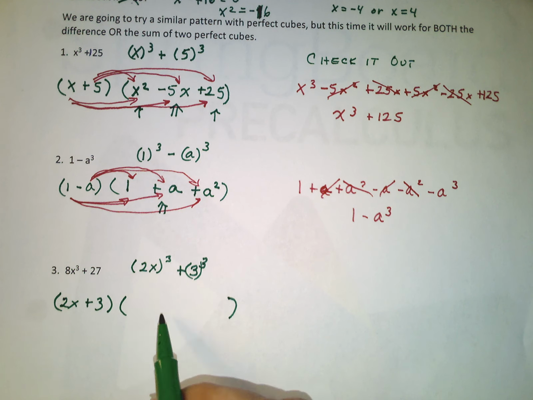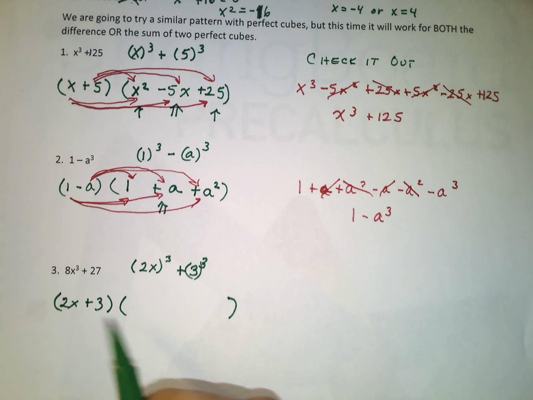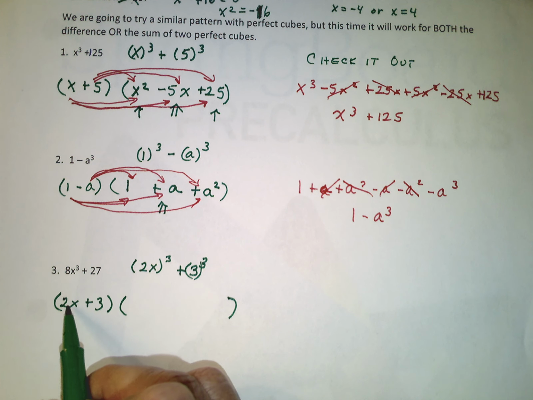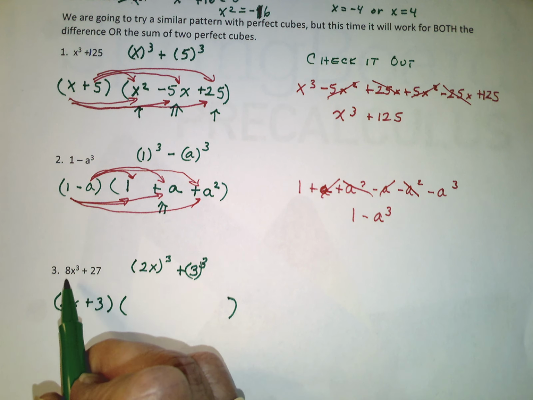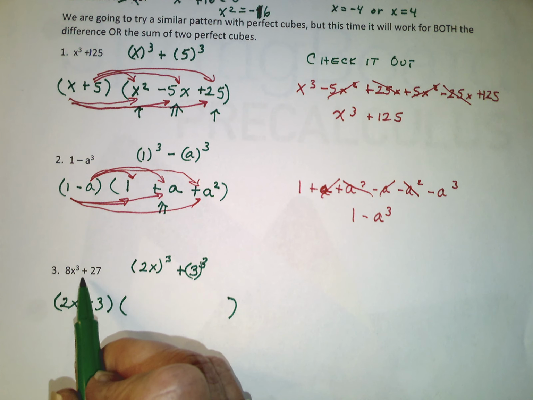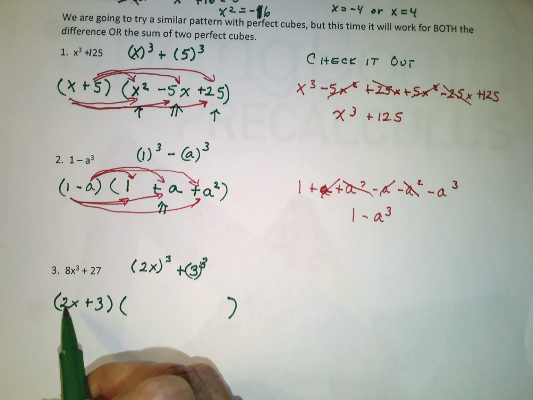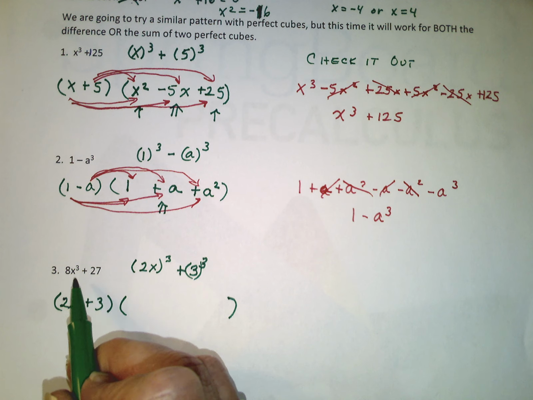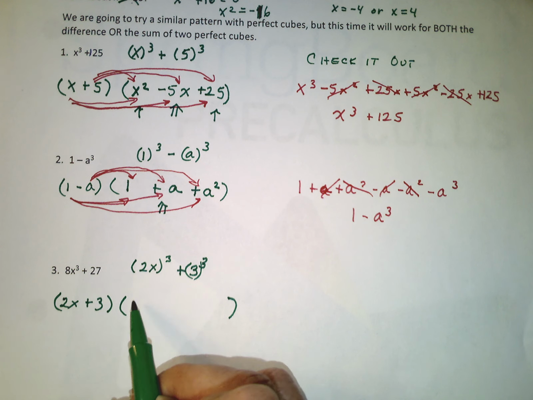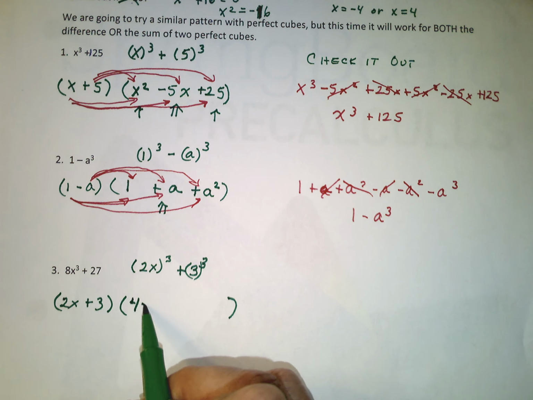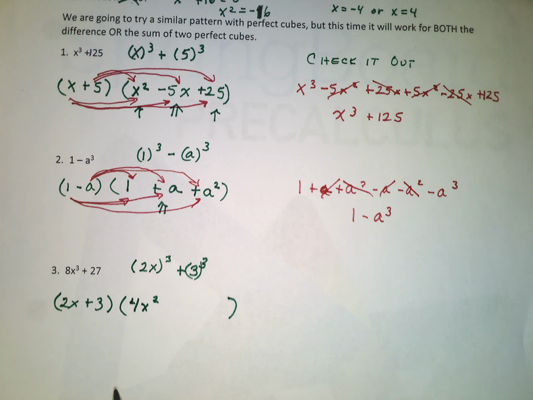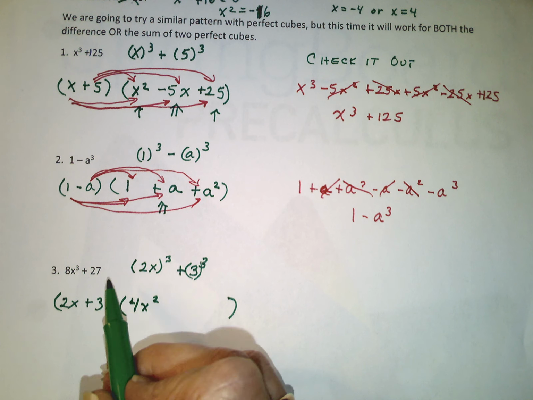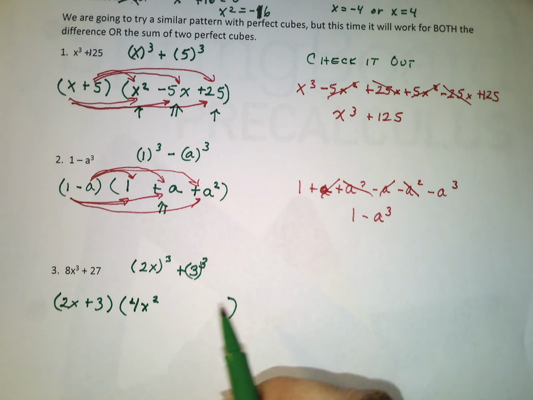So now, to get each of these 3 terms, we start at the front end. What do we multiply times 2x to make it come out 8x to the third? So 2x times something has to come out 8x to the third. Well, that would be 4x squared. And then at the other end, what do we multiply times positive 3 to get positive 27?